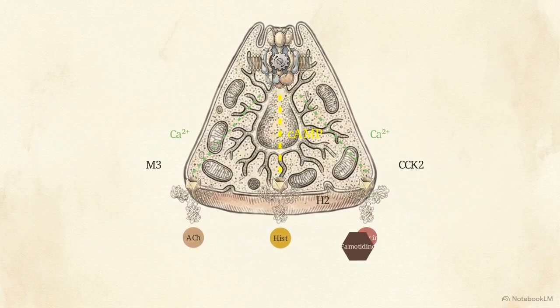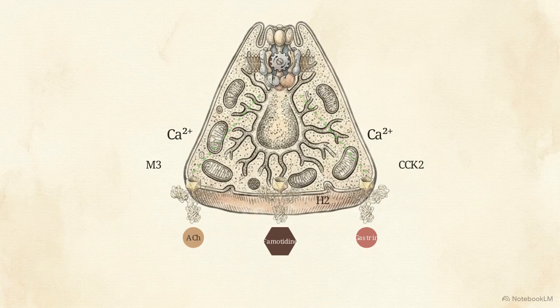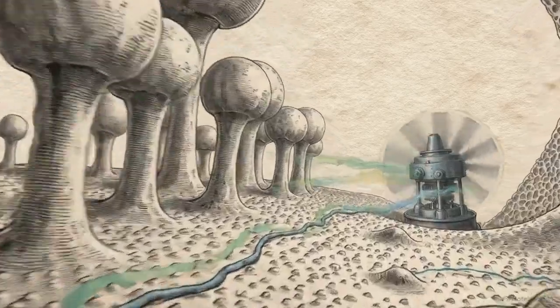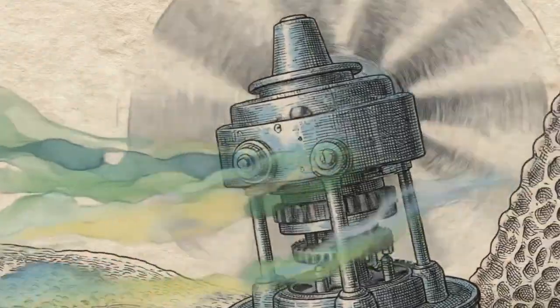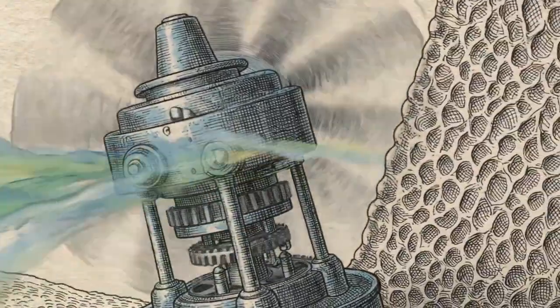This synergy explains why H2 receptor antagonists, such as famotidine, cannot achieve complete acid suppression. Even with the histamine pathway blocked, the calcium pathways from acetylcholine and gastrin remain active and continue driving the pump. To stop acid production entirely, the pharmacological target must be shifted from the upstream receptors to the machinery itself.